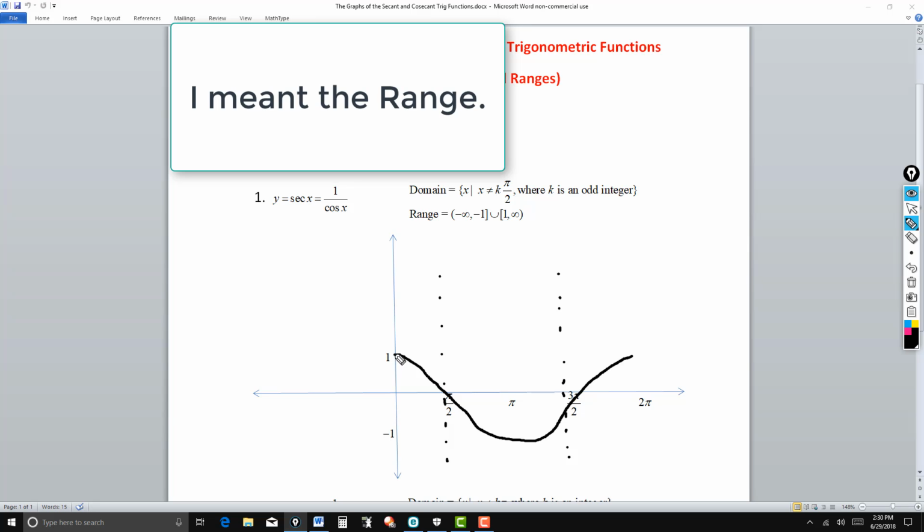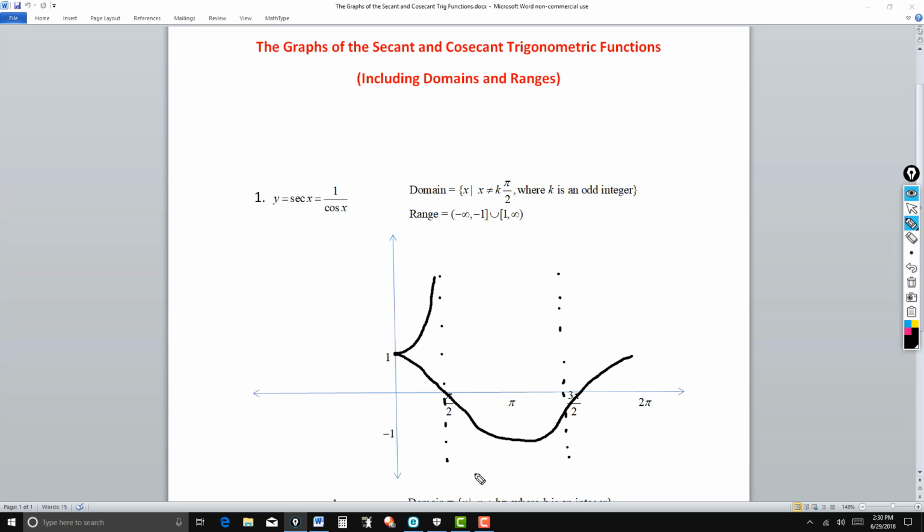Actually, it turns out that the function secant of x would look something like this. Okay, it looks like little parabolas that open up and down. So this would go like this. And it touches right there at 1, here at 2 pi and 1, and here at the bottom at pi and -1.